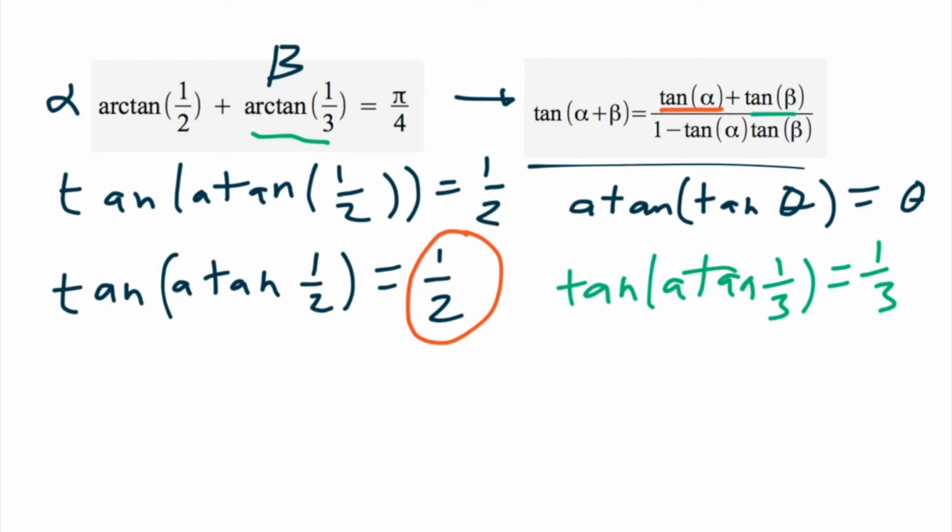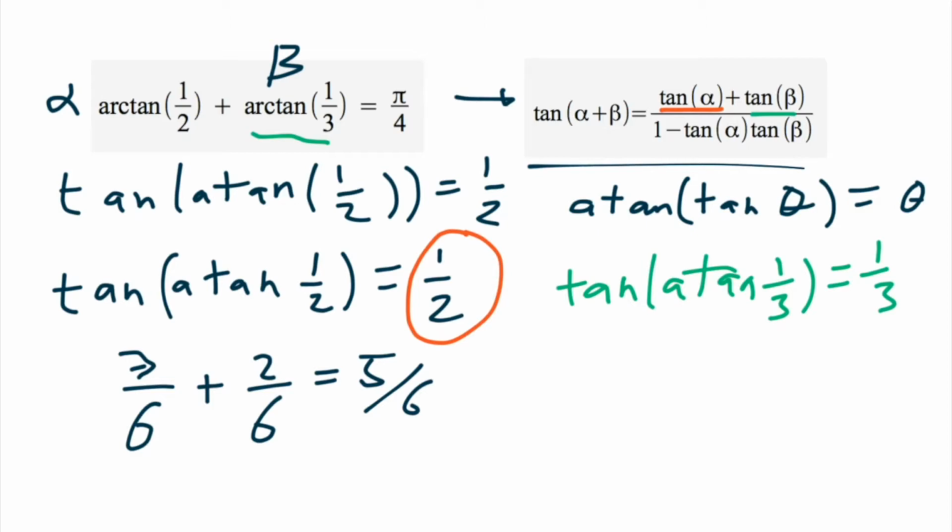So the numerator is just going to be those two added together, the green and the red, and that would be 1/2 plus 1/3. 1/2 is the same as 3/6, plus 1/3, which is the same as 2/6, so you get 5/6 for the numerator.